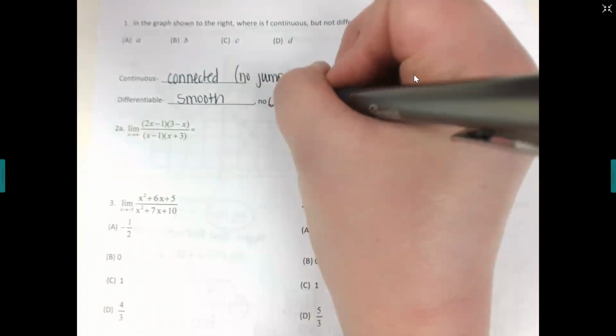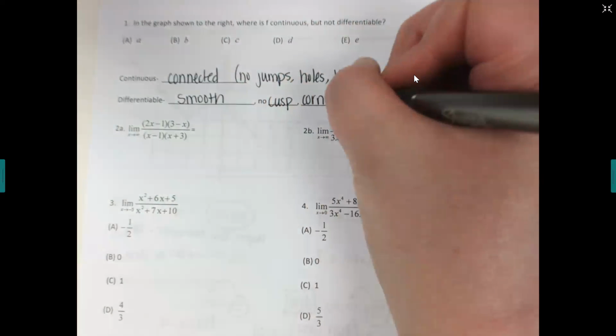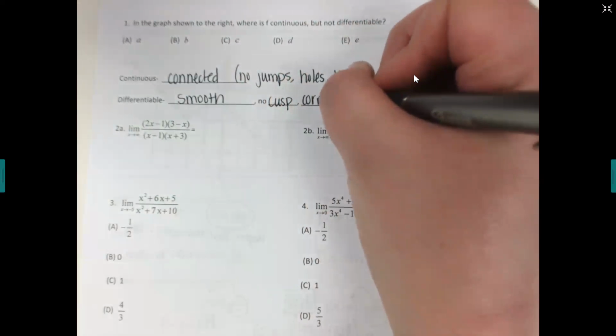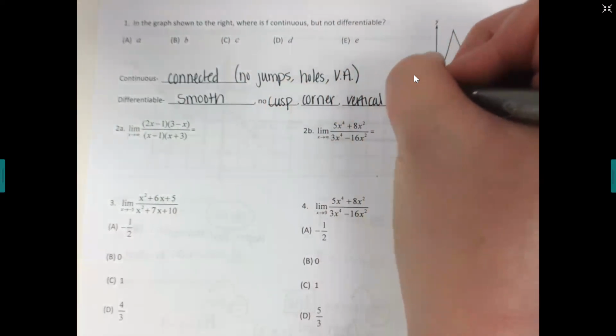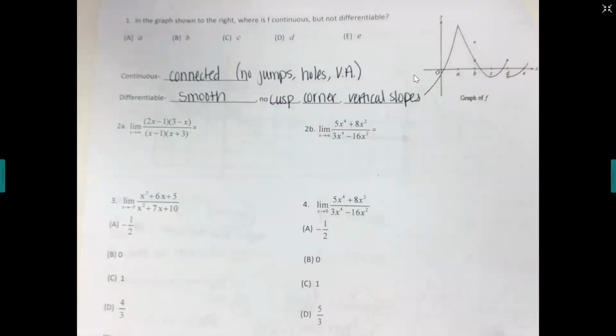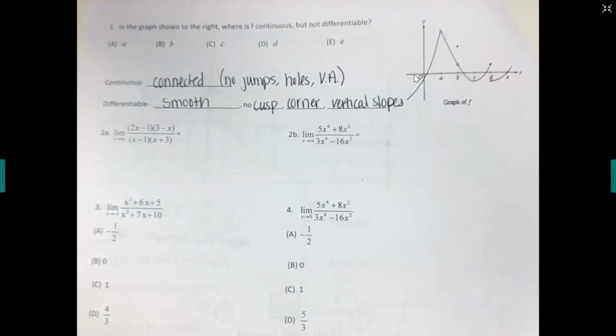No cusps, no corners, and no vertical tangents, or we'll say vertical slopes. Okay, so what differentiable means is that you can draw the tangent line at the graph and you can find the slope of that one.